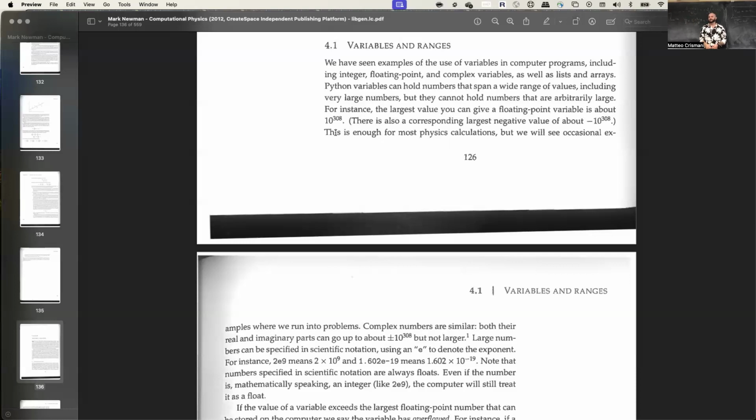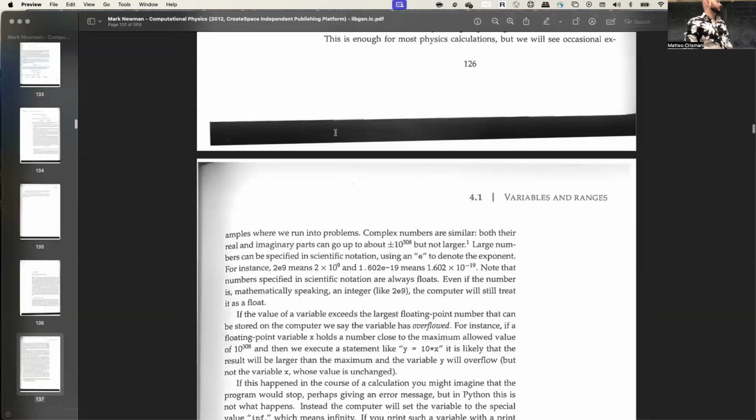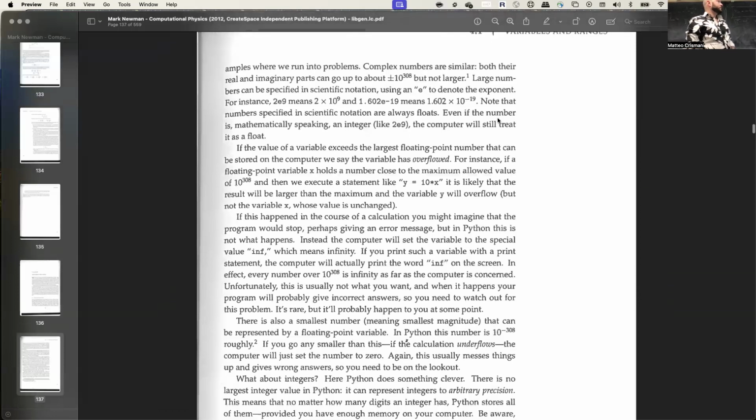Then it talks about another example with complex numbers, both real and imaginary parts. They both also cap at plus or minus 10 to the 308. There's also a limitation there with complex numbers.